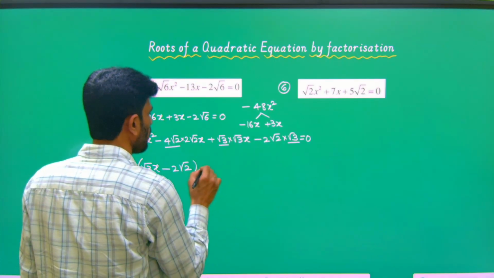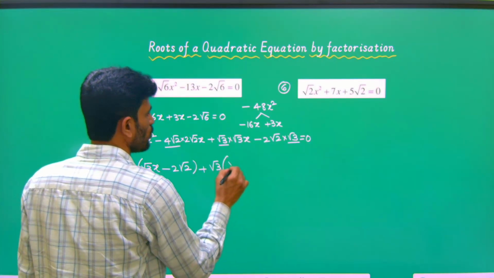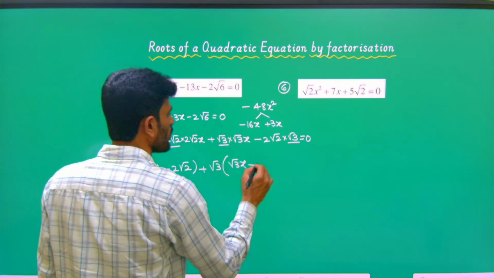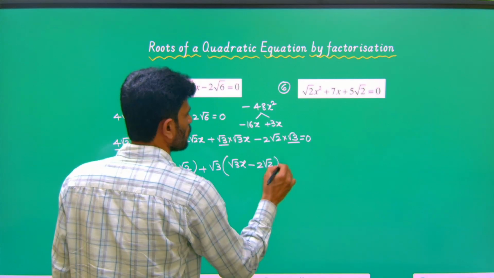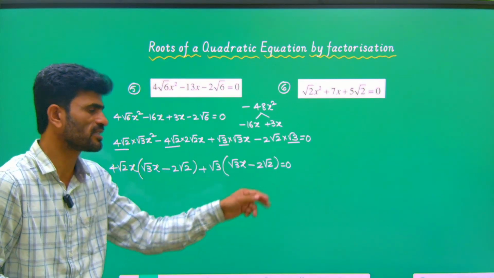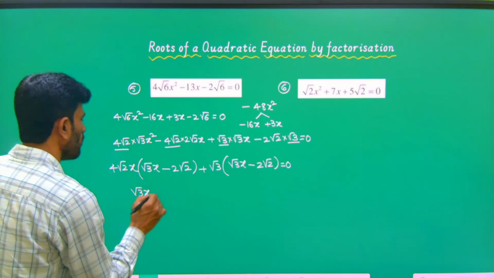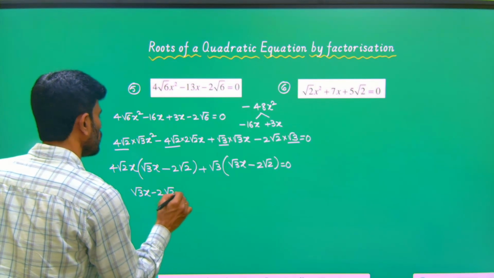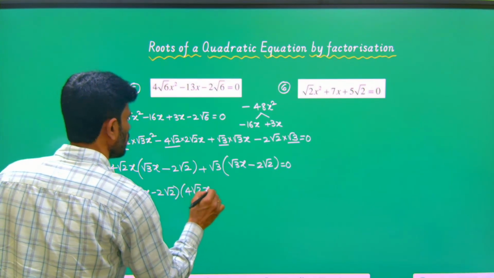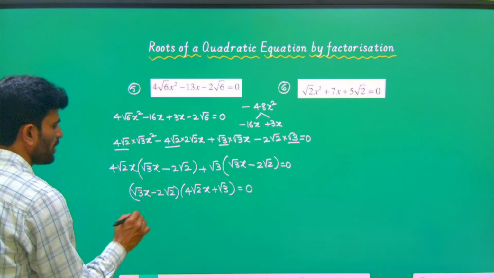And here again, plus root 3 is common in both. Then what is left here? Root 3x minus 2 root 2, because we have taken root 3 common, is equal to 0. Now see, we have root 3x minus 2 root 2, again root 3x minus 2 root 2. Now we can take root 3x minus 2 root 2 into 4 root 2x plus root 3 is equal to 0. Now what happens?